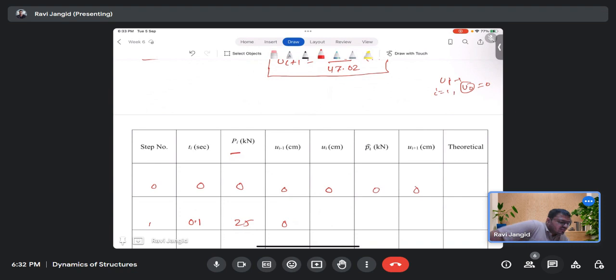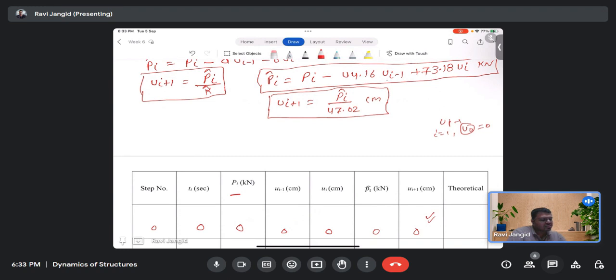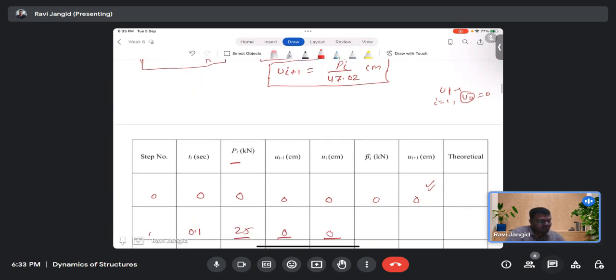And what is my u1? This is my u1, no? Because at i is equal to 0, my u1 is already 0 in the previous step, so that will also be 0. Now using these two, can you tell me what is my p cap? This one is 0, this one is 0, but pi is 25. So p cap is 25.